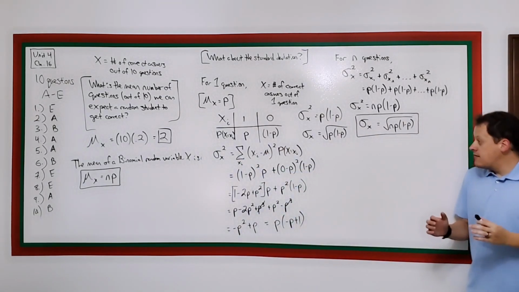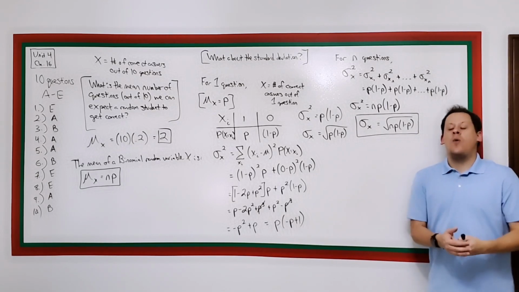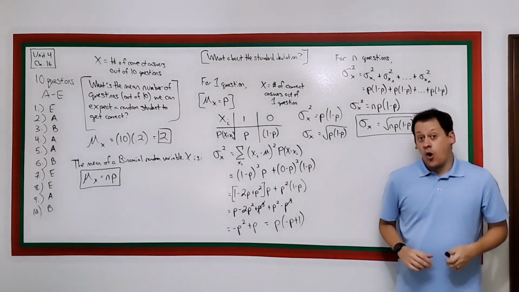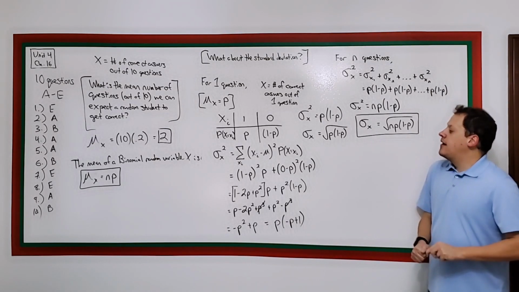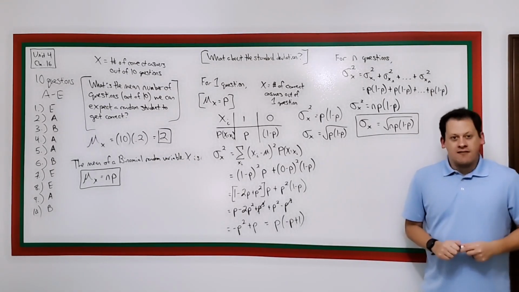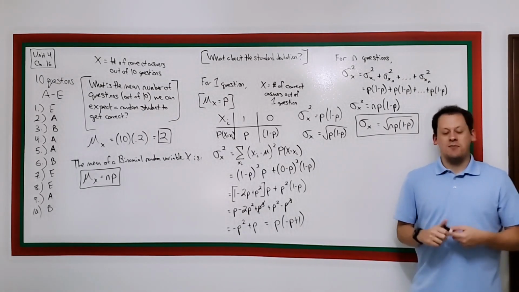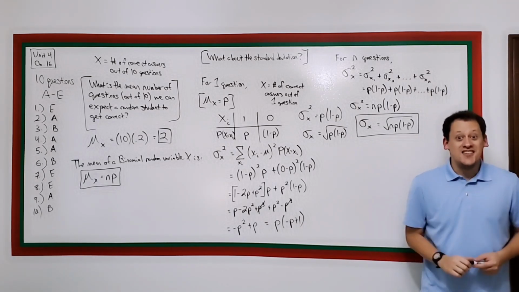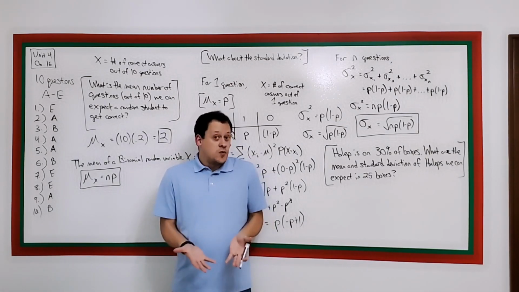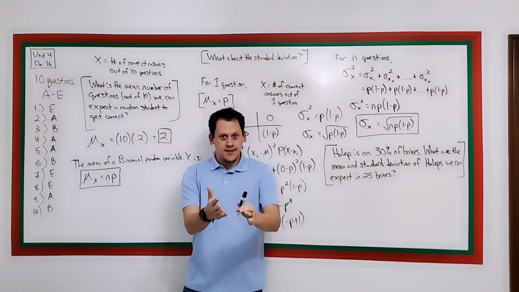If you want to pause the video and write all that down, you can, but I don't want you to think that these came from nowhere. They are derived in this way, but you're never going to have to derive them on your own. You're just going to use them to answer questions about the mean and standard deviation of a binomial random variable, like this.